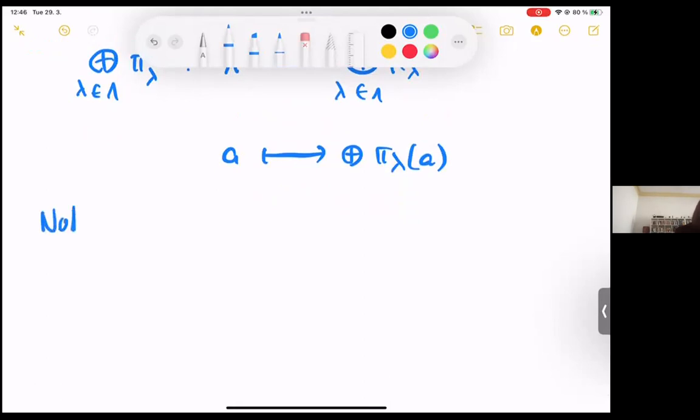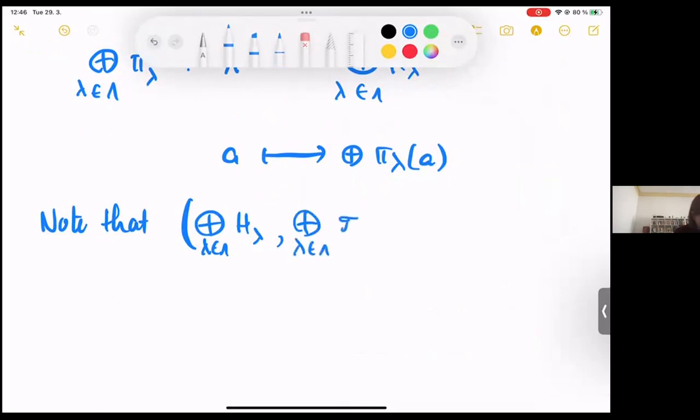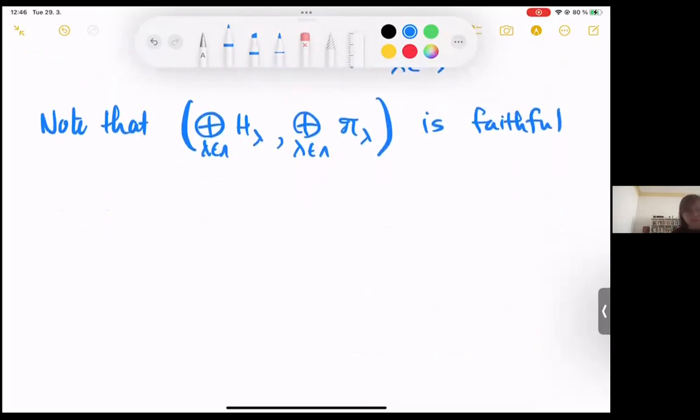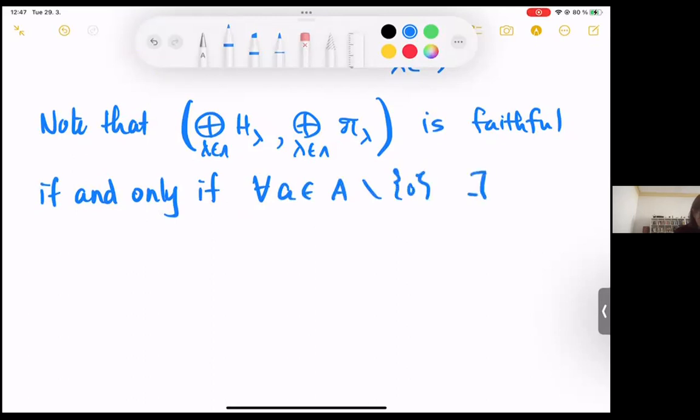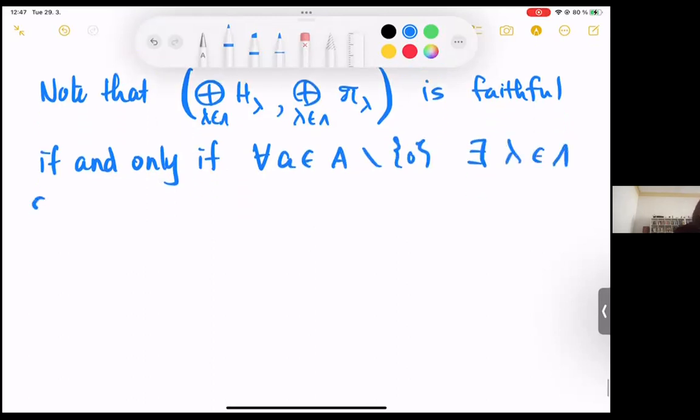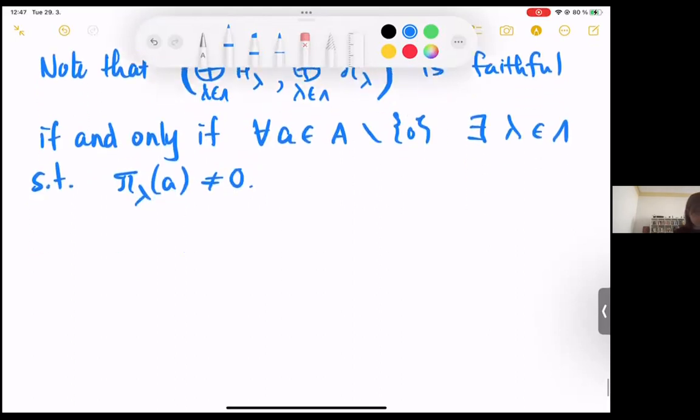And an observation, this will be faithful as long as whenever we have a non-zero element in A, then on some coordinate, pi lambda of A is non-zero. Since that's enough to guarantee that this whole direct sum is non-zero.